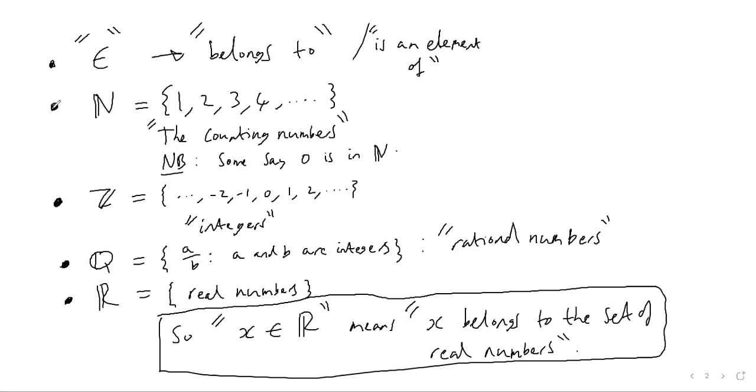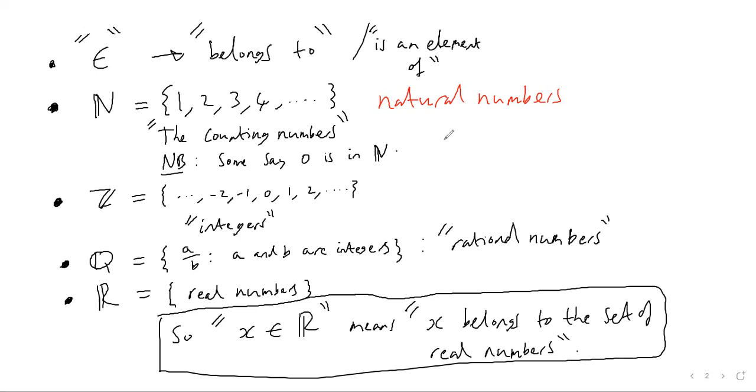But going back up to this symbol here, this N with the double line, this is the set of natural numbers. These are called natural numbers, which are essentially the counting numbers, like 1, 2, 3, 4, and so on. Just a note, some people say that 0 is a natural number.